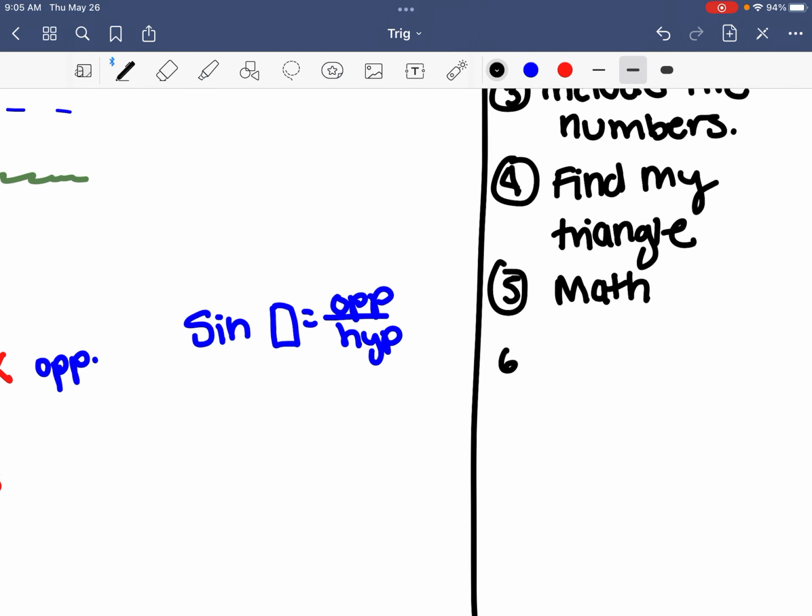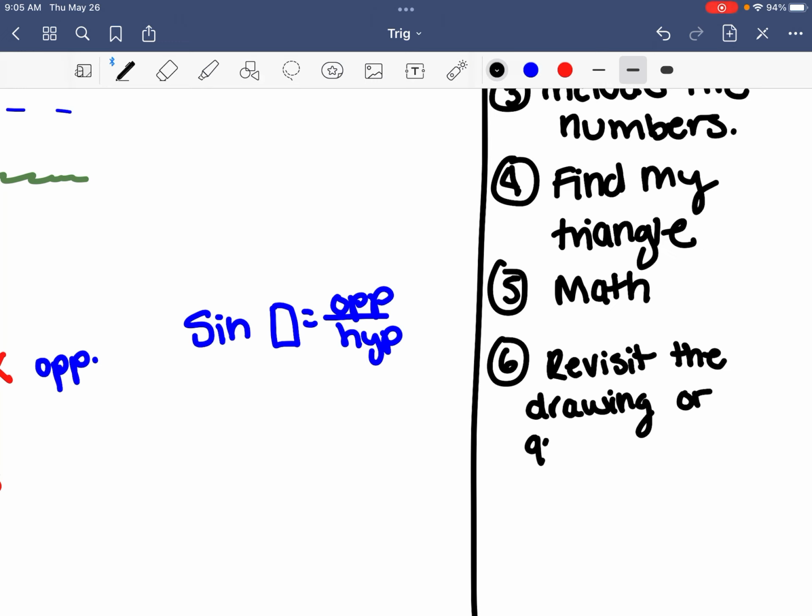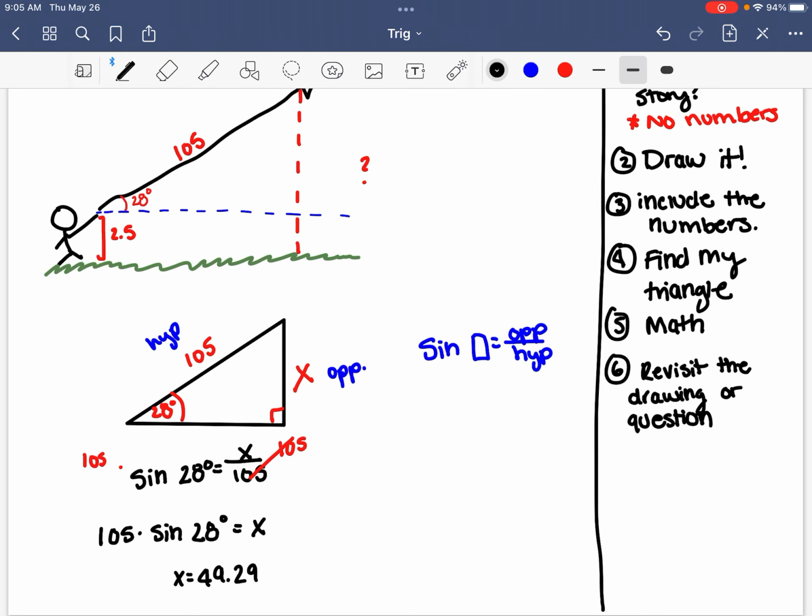Now, I'm not going to plug in my answer here. I am going to go back and revisit the drawing or question to make sure I've actually fully answered it. Okay, so I'm going to work a little backwards. So this number equals this side right here.